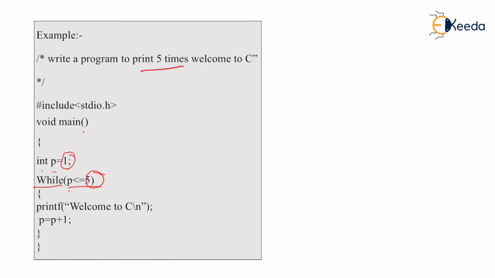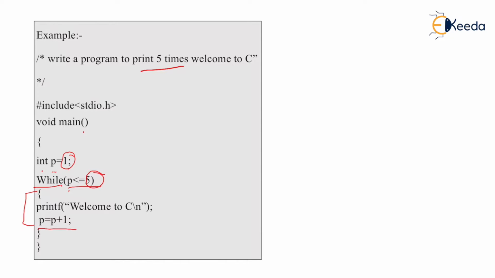Then inside the block of code we write printf in double quotes, as we have seen in the last videos, whatever statement you want to write should be in double quotes. So "welcome to C", and \n is used for the new line. Then we write p = p + 1, which means you are incrementing the value of p by 1 each time.